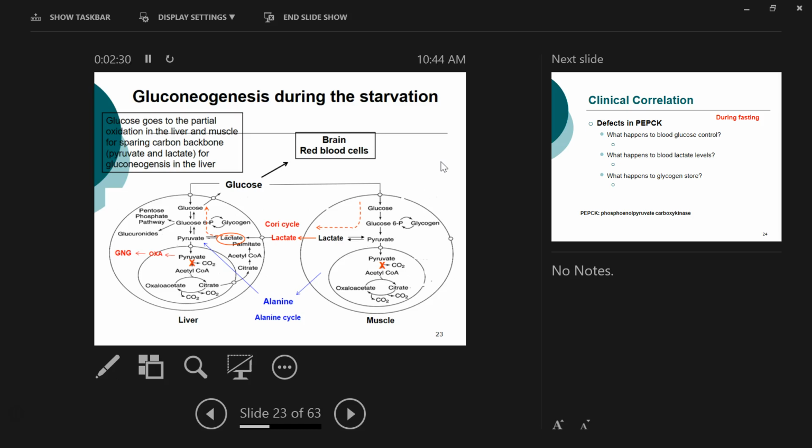Two key reactions occur in the mitochondria, and the other two in the cytosol.